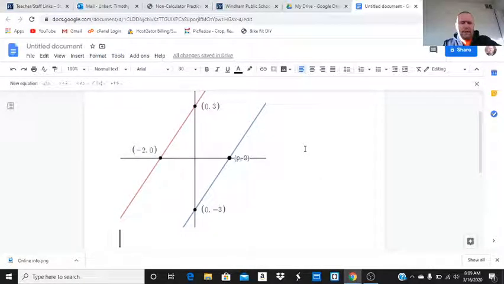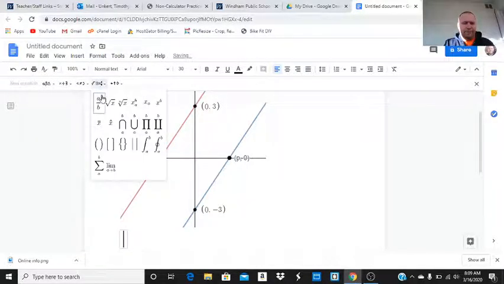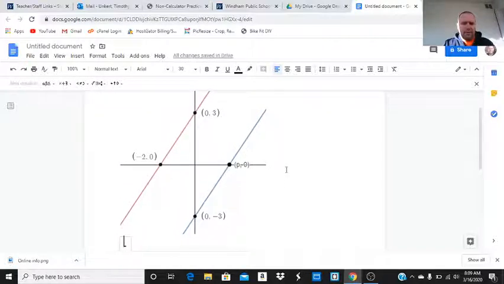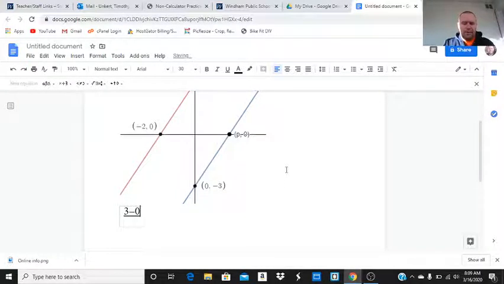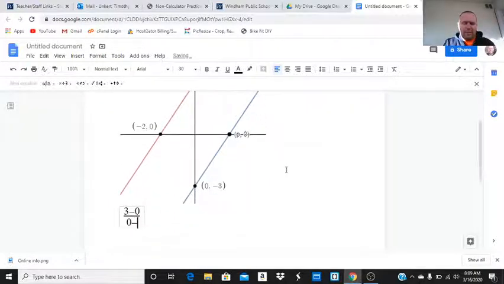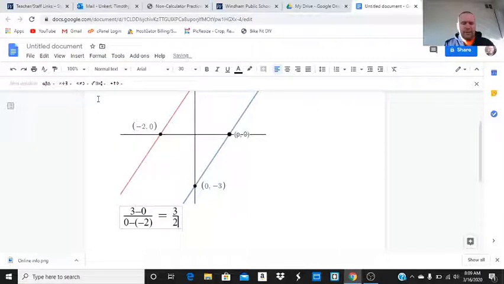Take a look. Our slope of the red line is going to be 3 minus 0, the y coordinates, over 0 minus a negative 2, which equals 3/2. That's my slope of the red line.